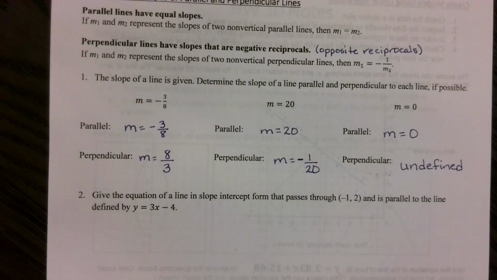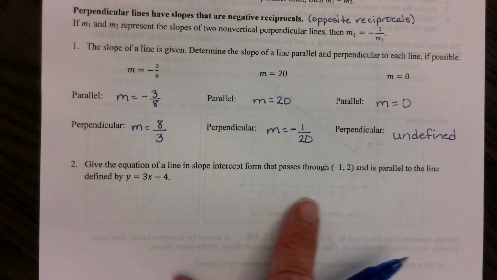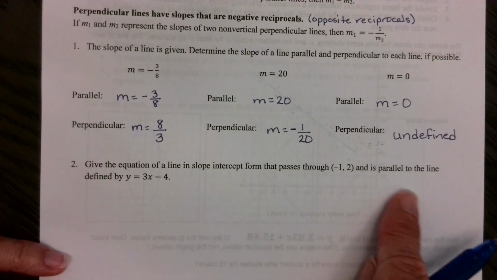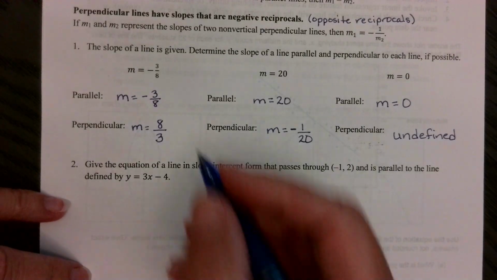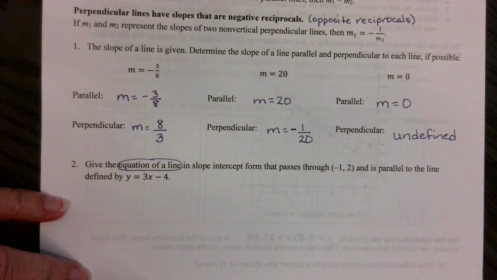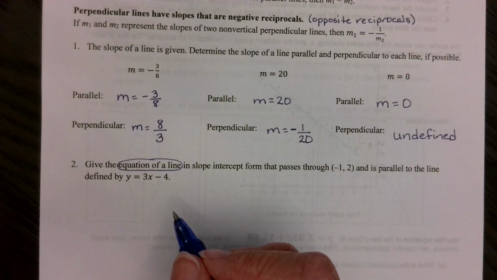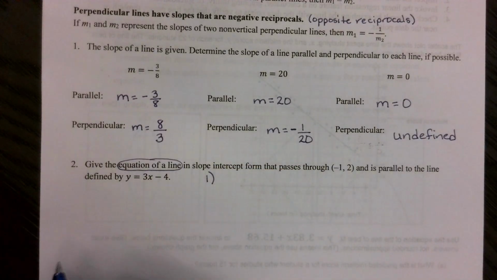Right here, give the equation of a line in slope-intercept form that passes through this point and is parallel to this line. Okay, you are writing the equation of a line. Anytime you are asked to do that, you're going to do the 3 steps. Step 1 is find the slope.